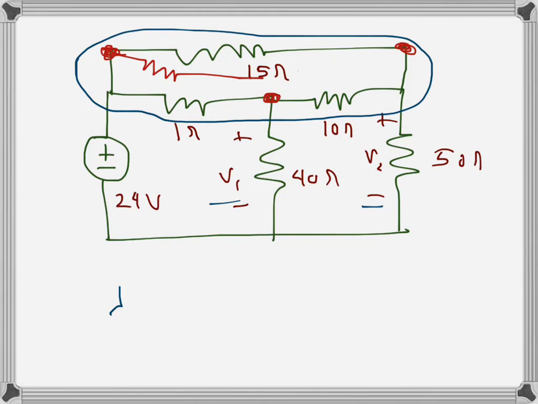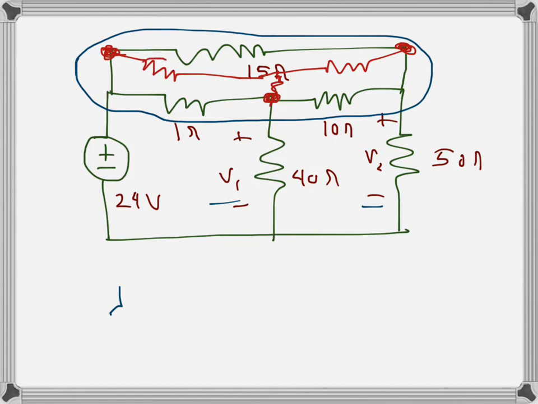In each node of the delta, two resistances are connected, but when we convert it into Y, there will be only one resistance at each node. So there is a resistance here, a resistance here, and another one there.